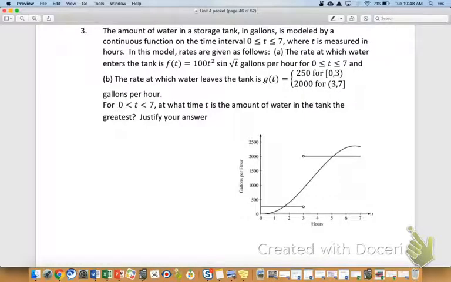And then you've got a rate in and a rate out. The rate out is piecewise. The question is, at what time t is the amount of water in the tank the greatest?